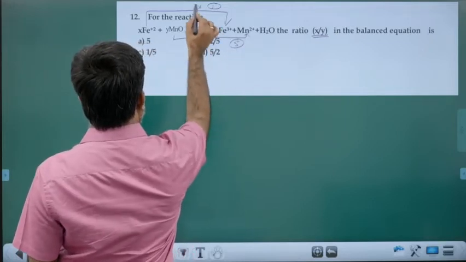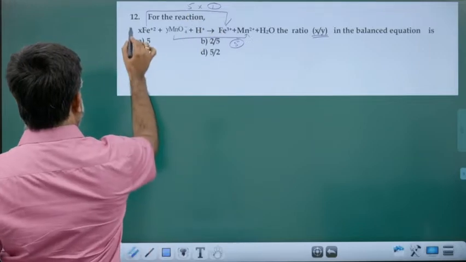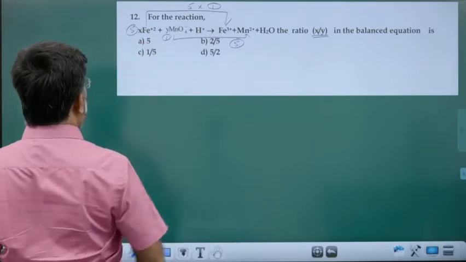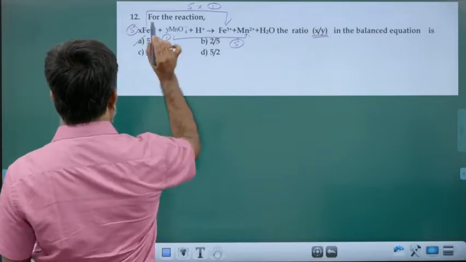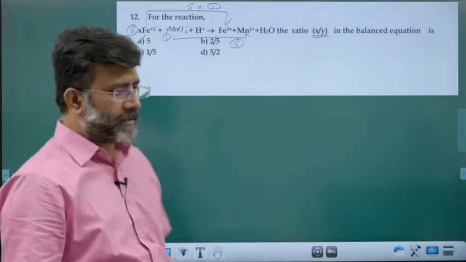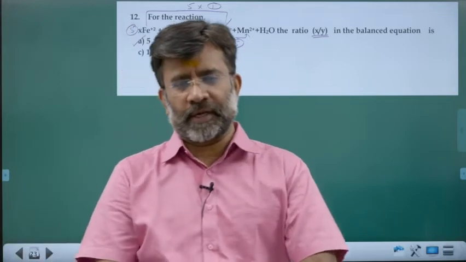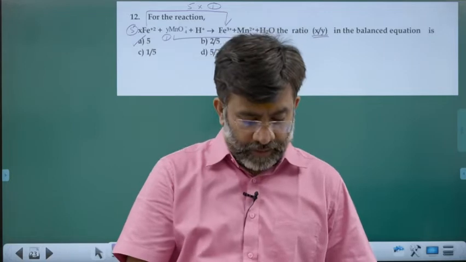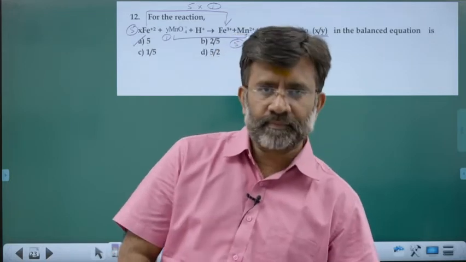So this will be multiplied with 5. So X is going to be 5 and Y is going to be 1. So it is 5:1, option A is the correct answer. Direct one. The same thing we repeated many times. Next question.